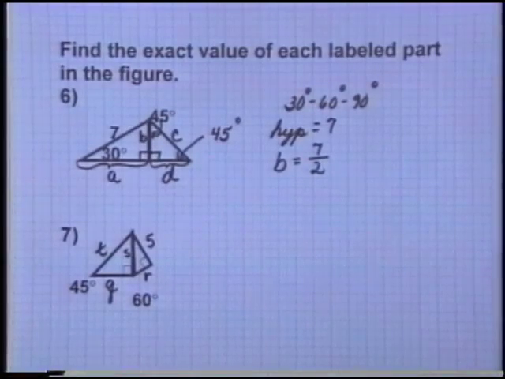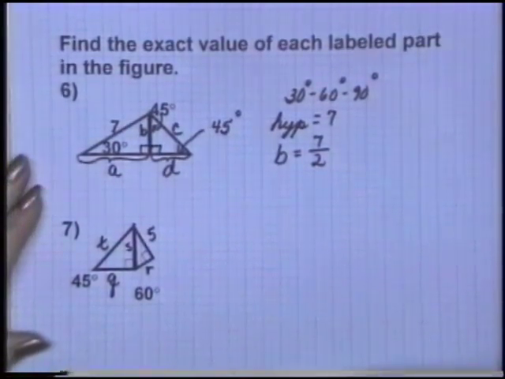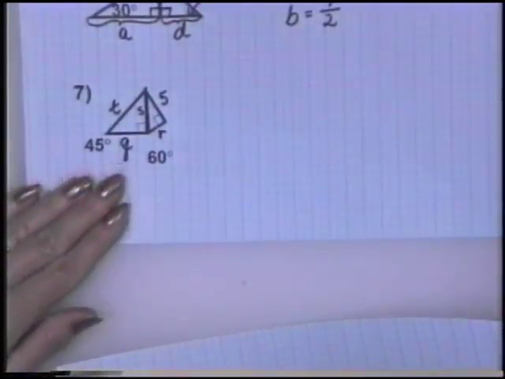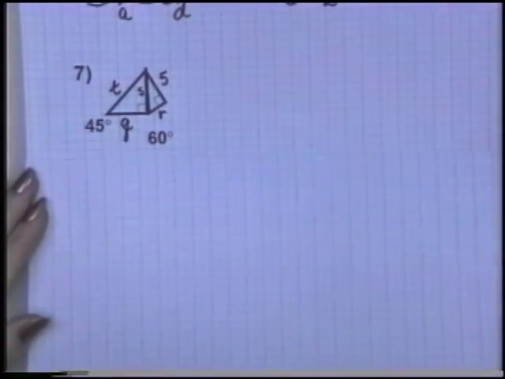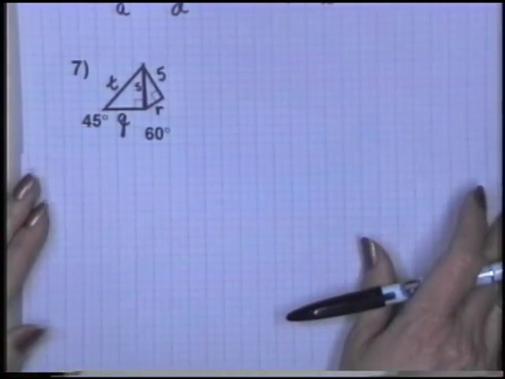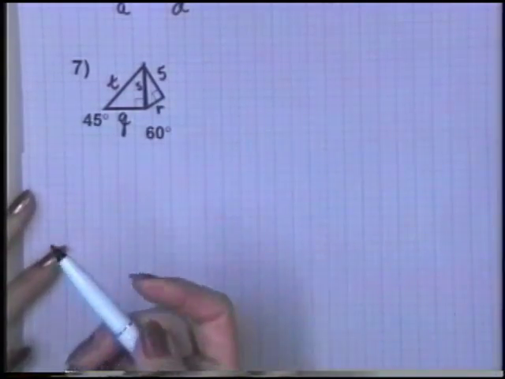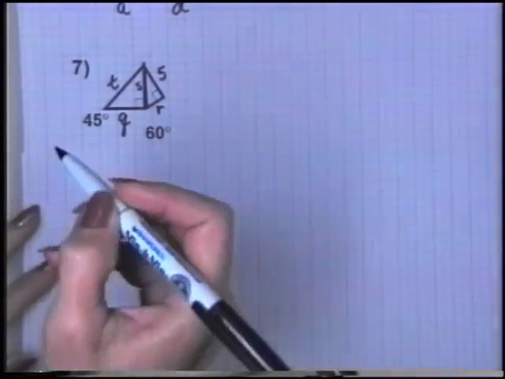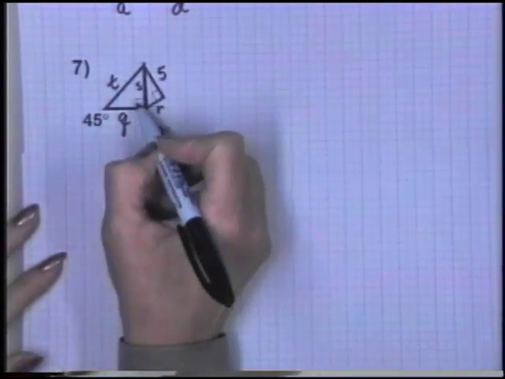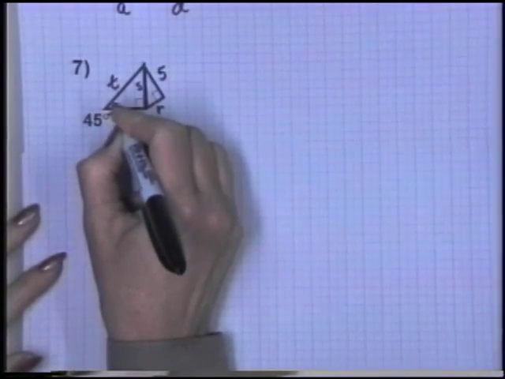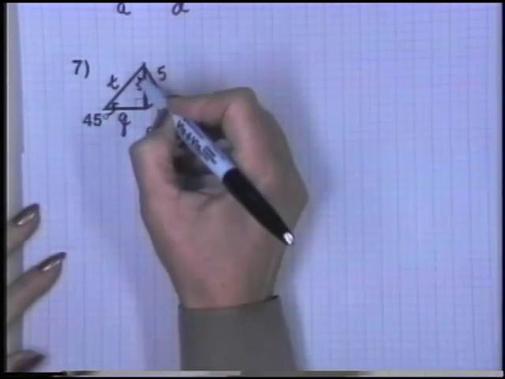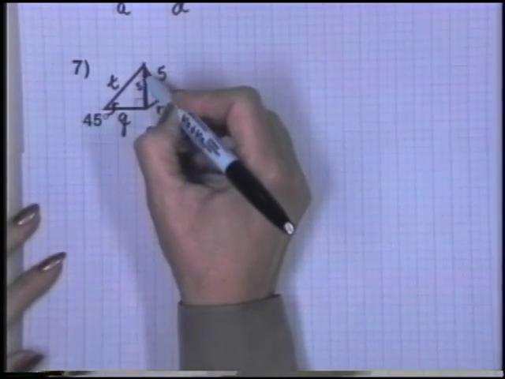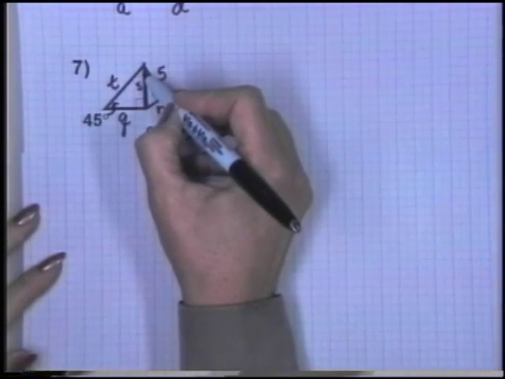Now let's look at this second problem. I couldn't fit the label of the angles on the inside, so I just wrote them on the outside. This first triangle, this angle is 45 degrees, which of course, what does it make this angle?